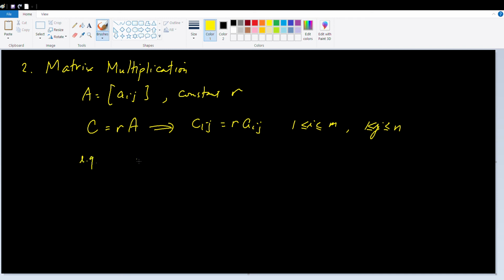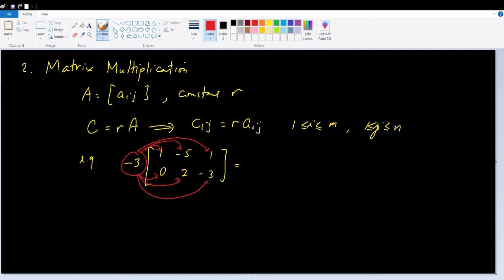So for example, if you have a constant negative 3 multiplied to 1, negative 5, 1, 0, 2, negative 3, each element is multiplied by negative 3. So we simply distribute, or multiply each element by negative 3.